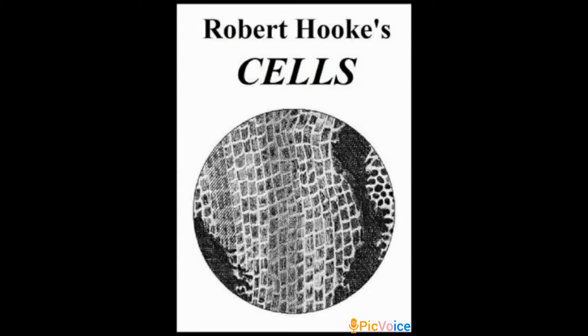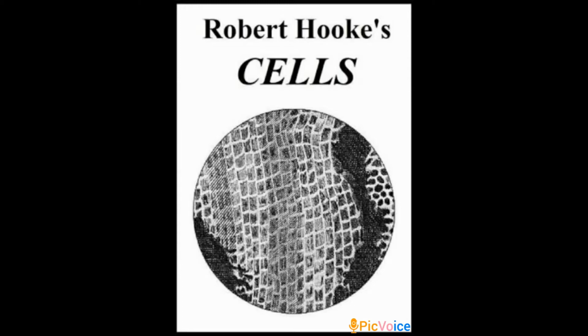Here cork is a kind of dead part of the tree. It is a kind of dead cell from the bark of a tree. So Robert Hooke took thin slices of cork. He cut the cork into thin slices and then he observed them under a microscope.